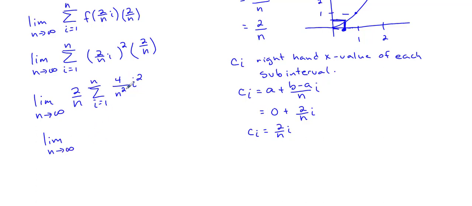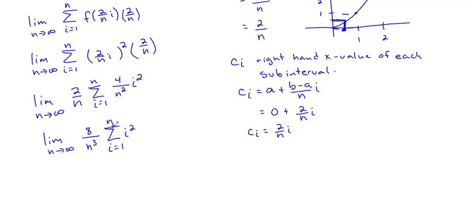If we bring 4 over n squared out, that would be 8 over n cubed now, wouldn't it? And i squared. Well, what do you know? We have this sigma reduced down to just i squared specifically.